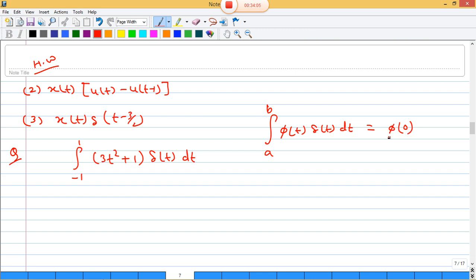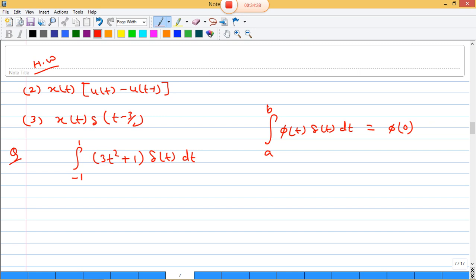The condition will be: if a and b, any one is negative and the other positive, then the value is phi of 0. If both are positive or both are negative, then it will be 0.